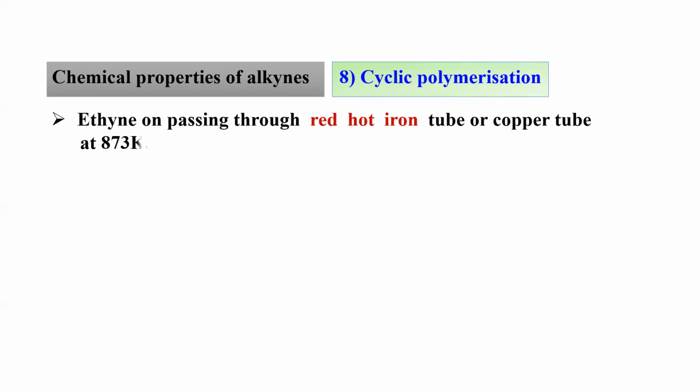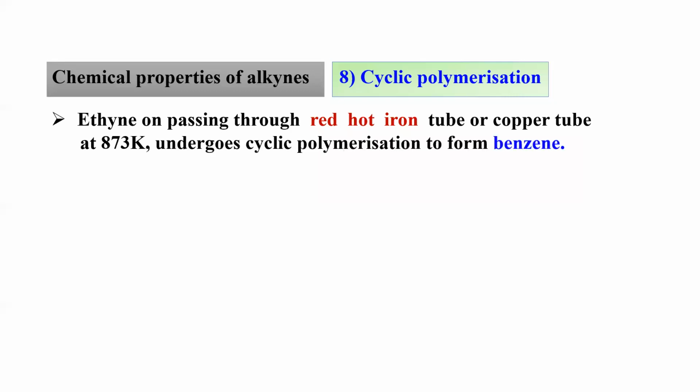Cyclic polymerization. Remember, we came across polymerization in ethene. What was the product obtained? Yes, polyethene. And we also saw how important polyethene is in our daily life. Let's see what happens in the case of alkynes. Ethyne, on passing through a red hot iron tube or copper tube at 873 Kelvin, undergoes cyclic polymerization to form benzene.